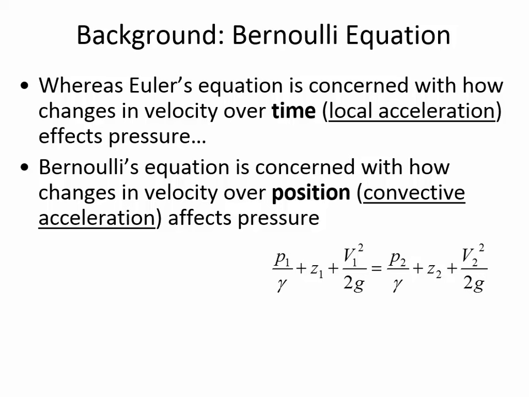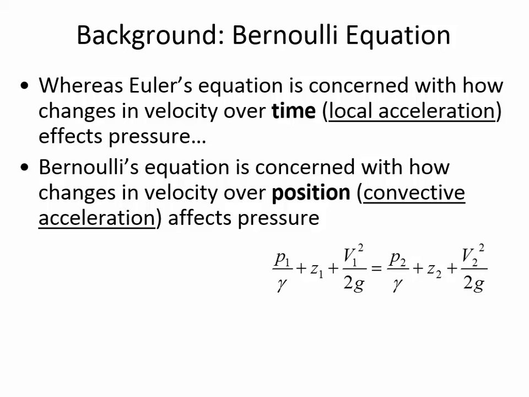And one way of thinking about these 3 terms is that together they account for all of the energy in the system at a single point. The first 2 terms can be thought of as potential energy. The third term can be thought of as kinetic energy. And so between 2 points, there's no loss in the energy.